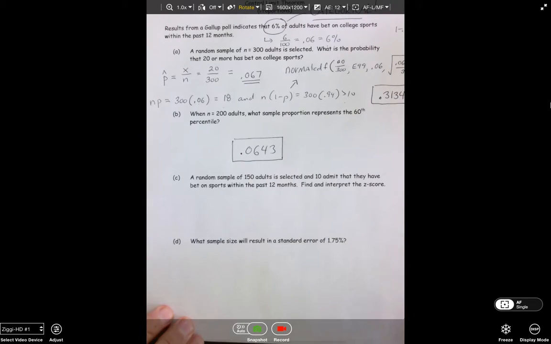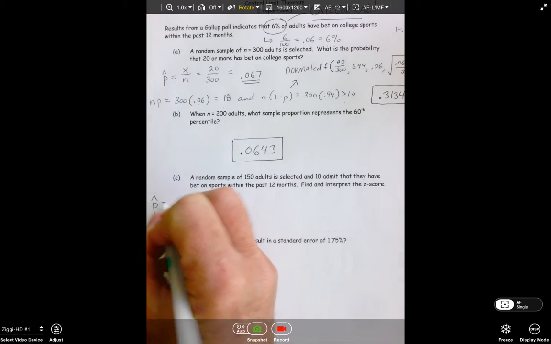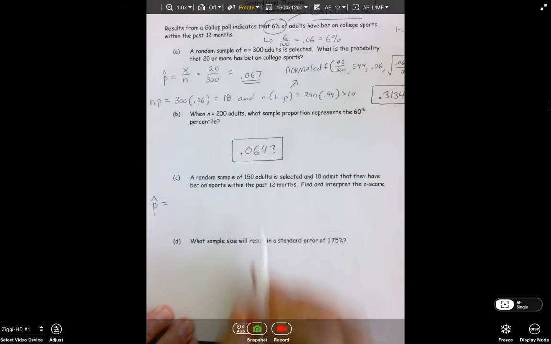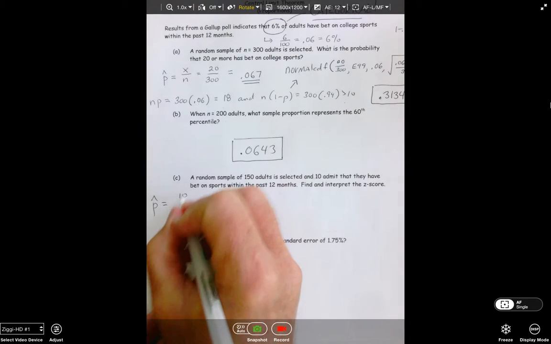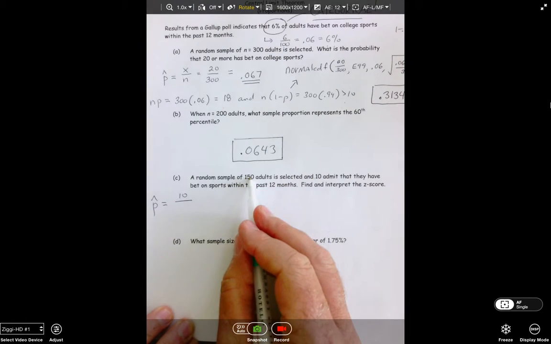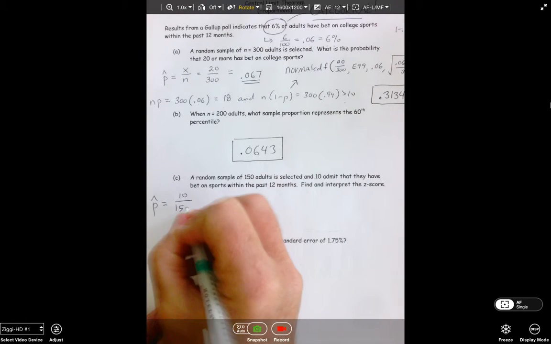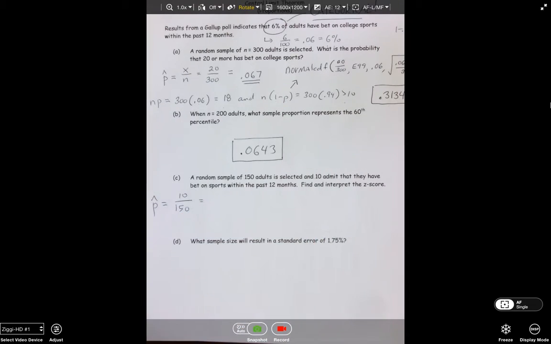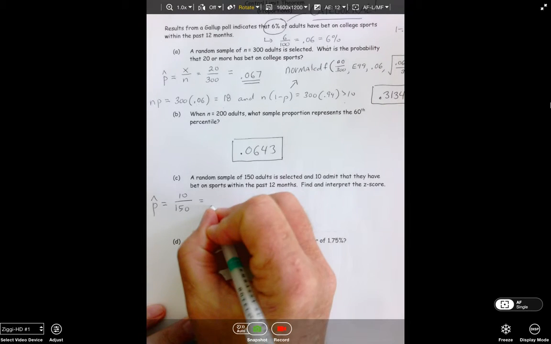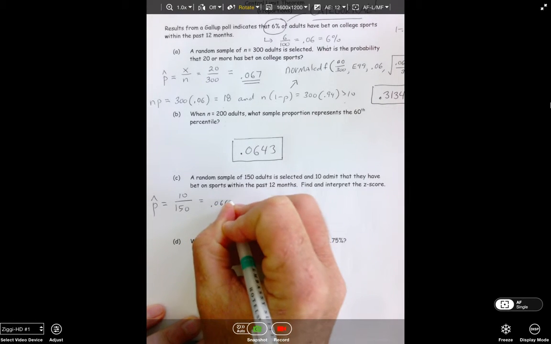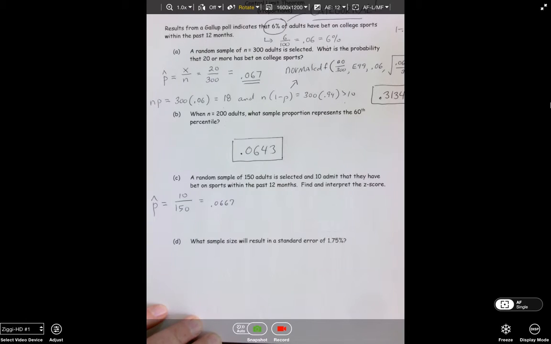This problem right here, what's my p hat? What's my count out of the total? So 10 divided by 150 is 0.0667. I'm going to go out quite a bit for more accuracy.